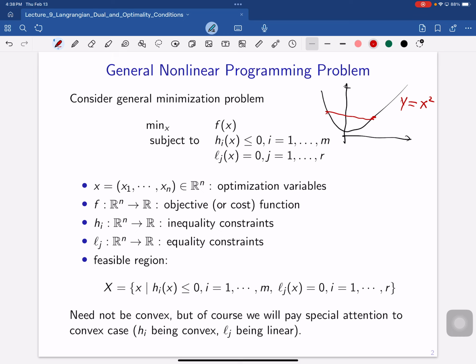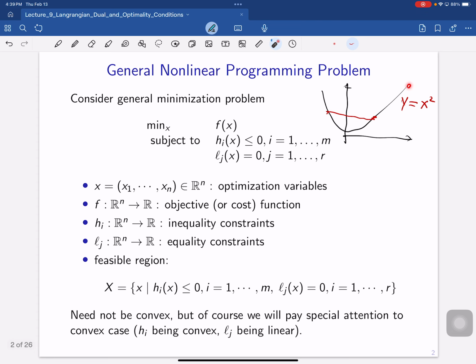So this curve itself is not a convex set, although the function x squared is convex. If you pick any 2 points on this curve and draw a line segment, the line segment is not on this curve. The curve is describing this curve only.